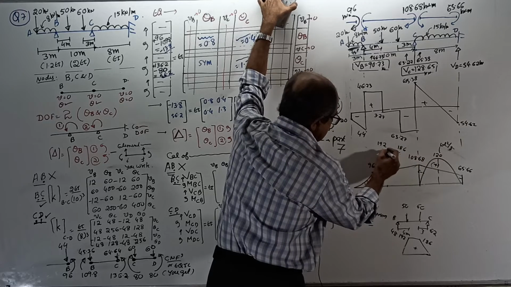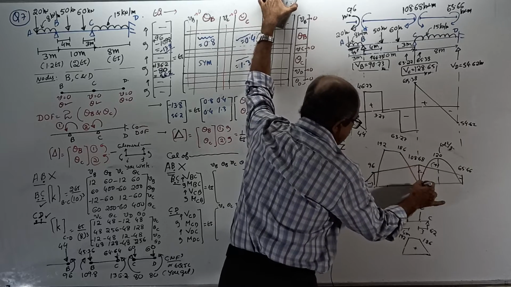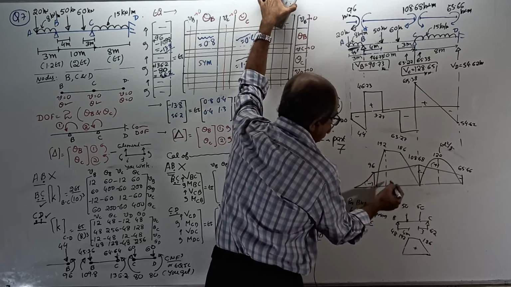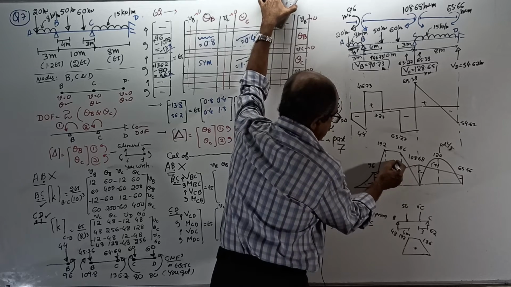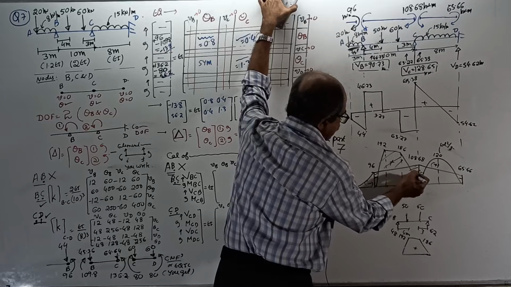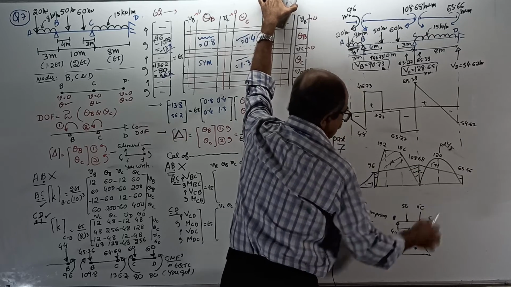You have to consider the beam as a simply supported beam and prepare the BMD. Okay, now this full is 192, full 186, minus, plus and minus. Hog, sag, and hog.